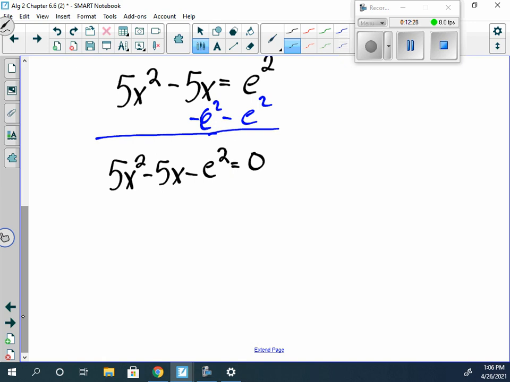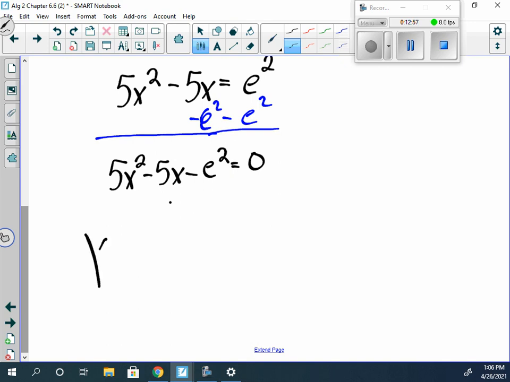Now at this point here, and all the ones we've done up to this point, we've been able to have a greatest common factor and we can factor it. 2 sets of parentheses and solve. Well, e squared, as we've already seen, is a non-repeating, non-terminating decimal. There's going to be no good way to find two numbers that multiply together to give me e squared besides e and e. And if that were the case, the middle term would have to have e. So this here does not factor.